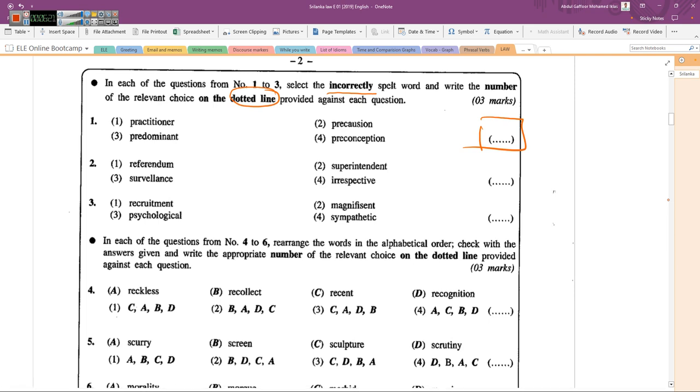If you underline, even if the answer is correct, they will not provide you marks. Only if you write down the answer on the provided dotted line will they consider it. For example, let's say this is the answer for the second question. If you have just underlined it, or even circled it, they will not give you the marks.